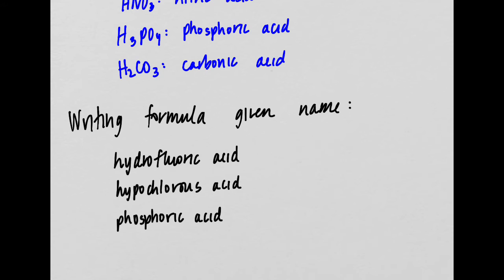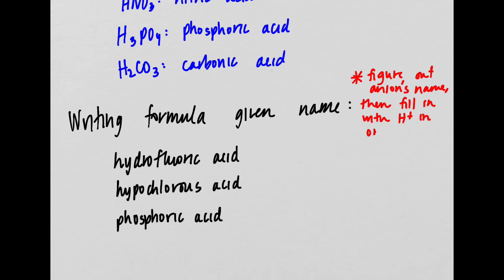Every single time, if you're given the name and you want to write the formula, you need to figure out the anion's name. That's the most important thing. Then you're going to fill in with H pluses in order to neutralize.